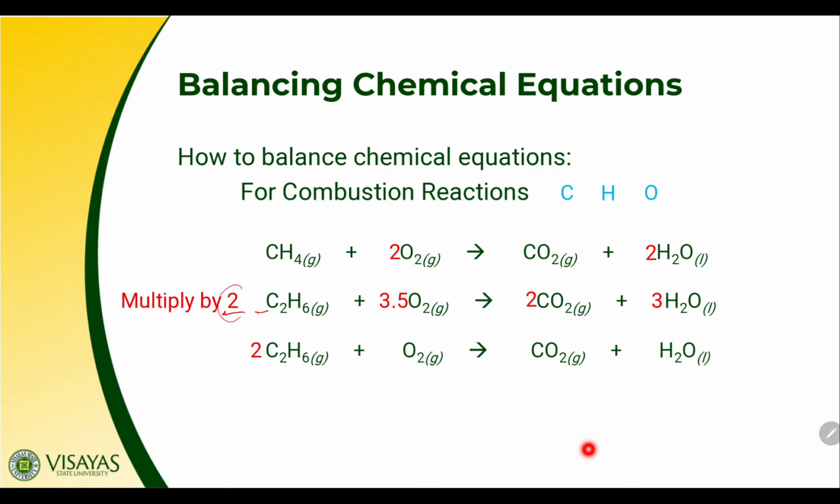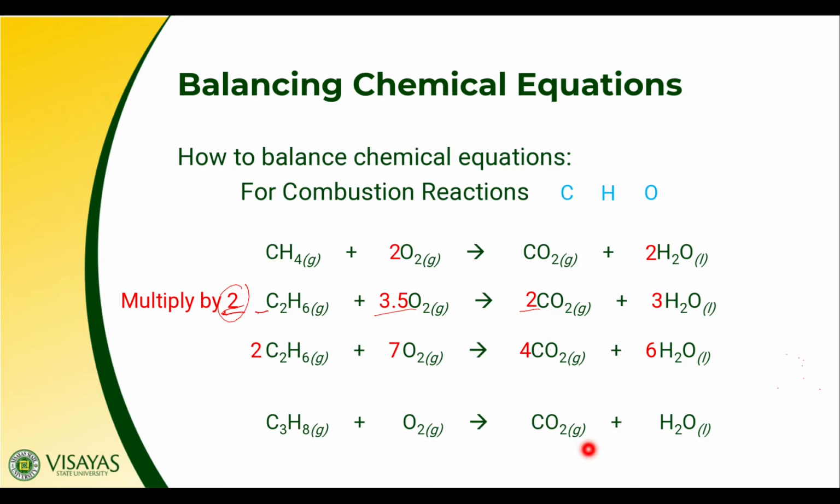Then 2 times 3.5 will have 7 coefficient for oxygen. And for carbon dioxide, we have 2 times 2. We have a 4 in the coefficient. Lastly, for water, we have 2 times 3. So the coefficient here is 6.